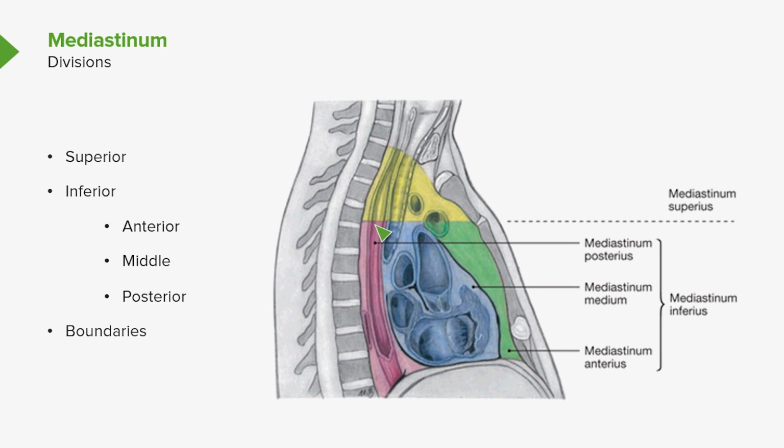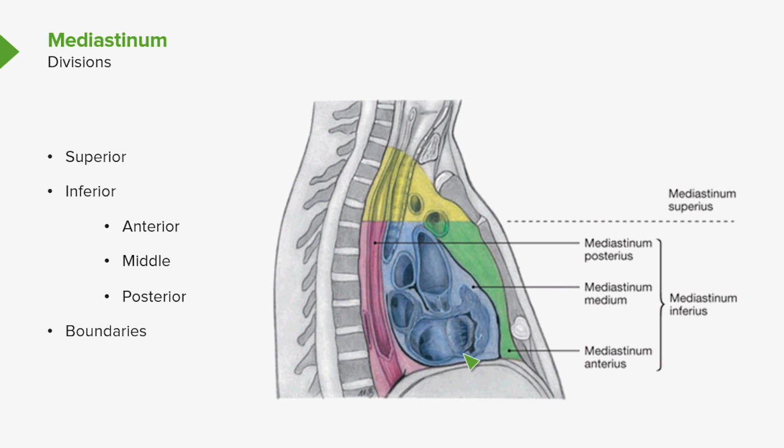The posterior mediastinum is shaded here, and I'm actually going to go over here to the bronchi that are shown here and throw them into this pink shaded area. This is the posterior mediastinum, and it's located between the more inferior thoracic vertebrae and the pericardium here posteriorly.